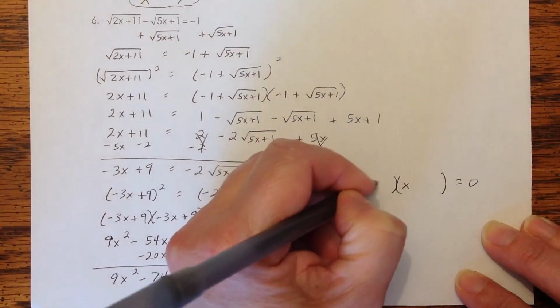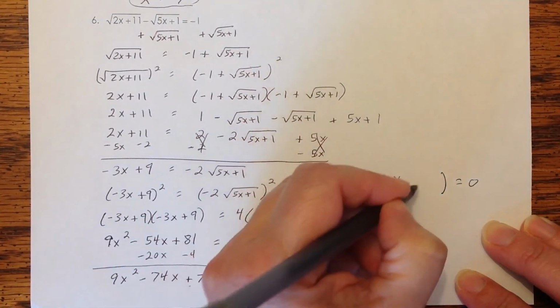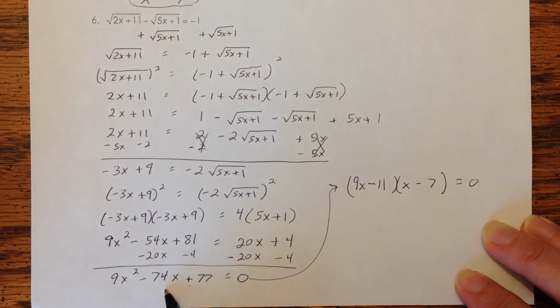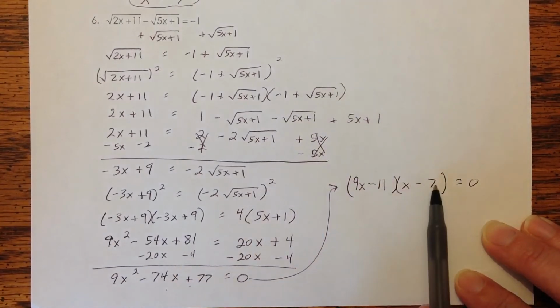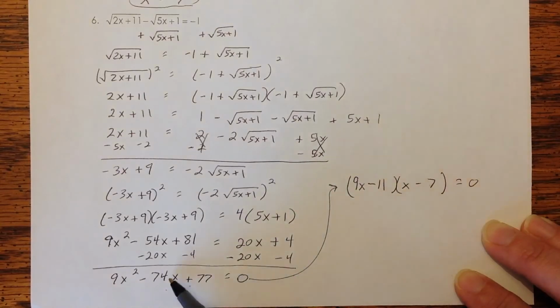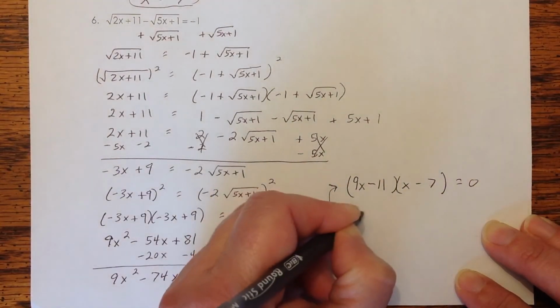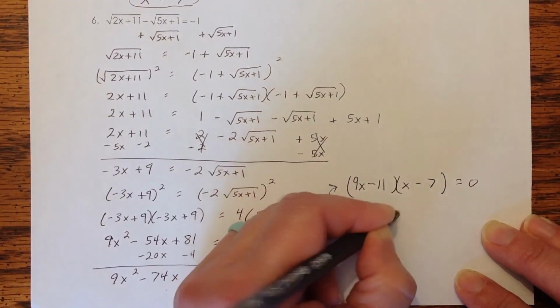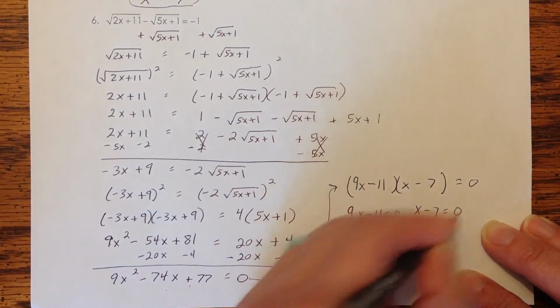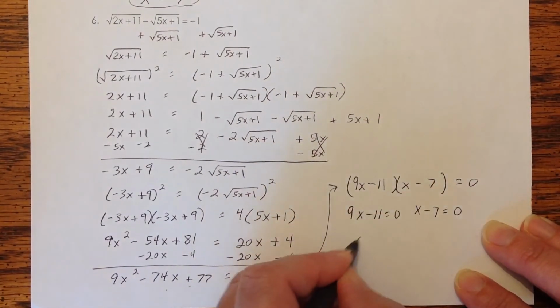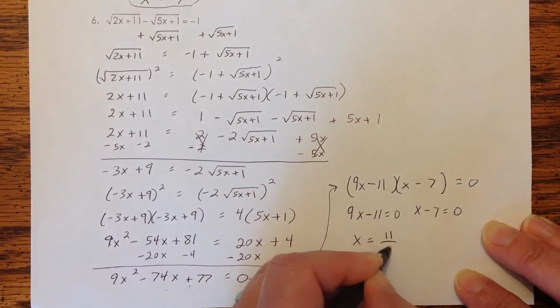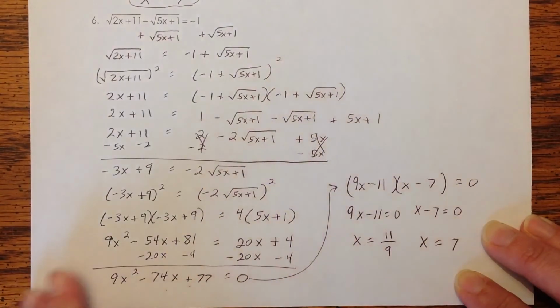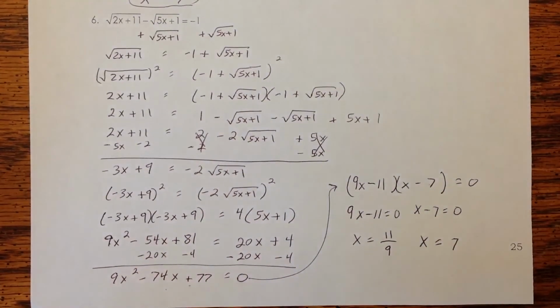So I'm going to use minus 11 and minus 7. If I check for 74, I have 63 and 11, which makes 74. I'm going to set each of these factors equal to 0, and I'm going to solve. So I get x is 11 ninths, and I get x is 7.